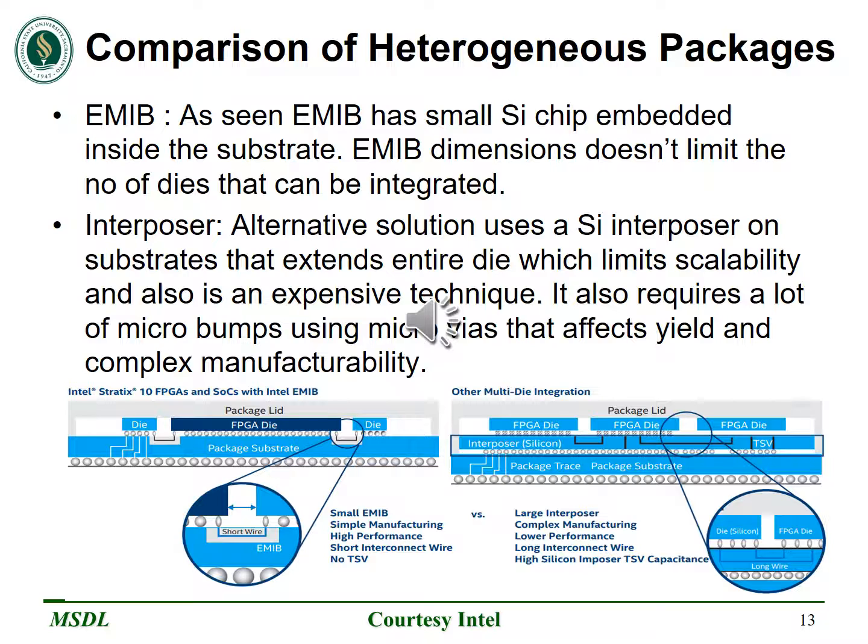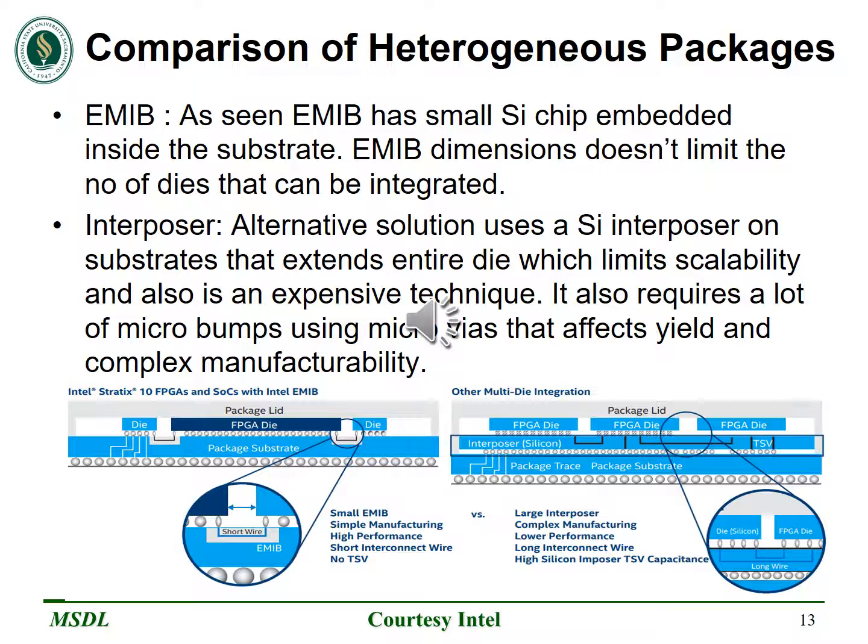Whereas coming to the silicon interposer, we can observe in figure 2 the silicon interposer on substrate that extends the entire die. Therefore, it also requires more micro bumps using the micro vias. And also we can tell that this limits the scalability, and also this is an expensive technique.